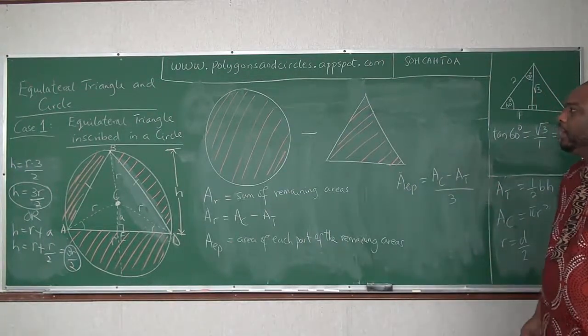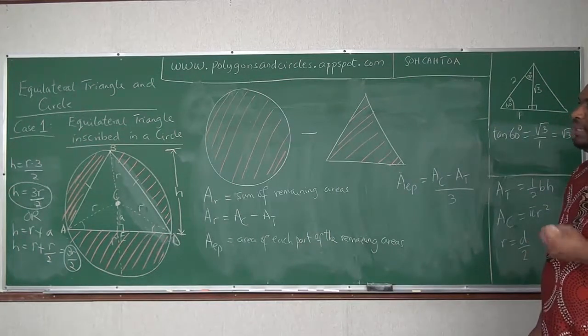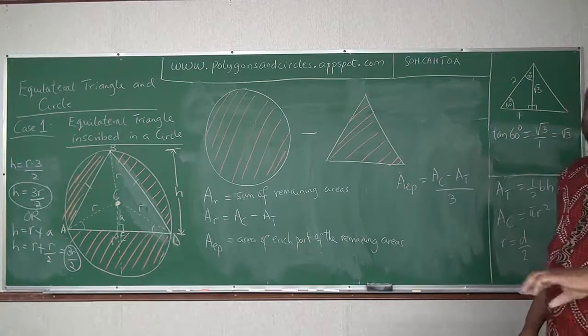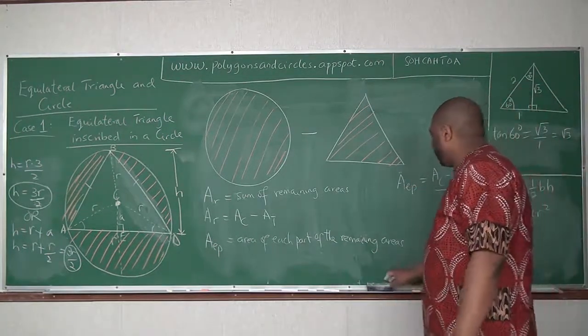Okay? Let's go ahead now and do case 2. Case 2 will be circle inscribed in equilateral triangle.